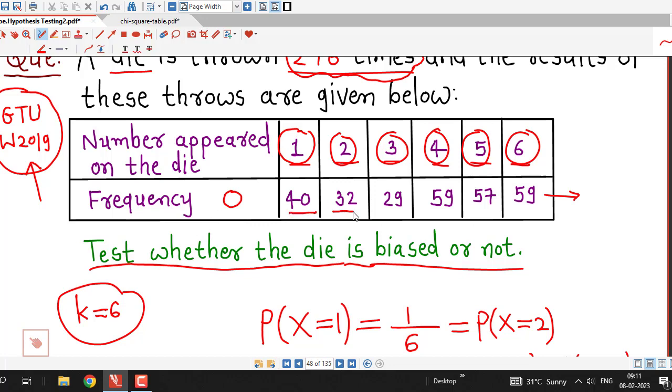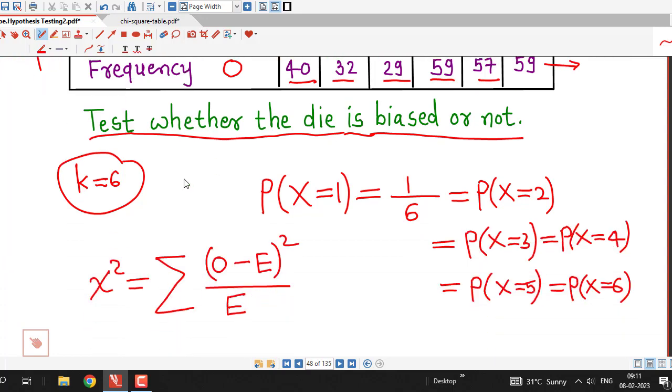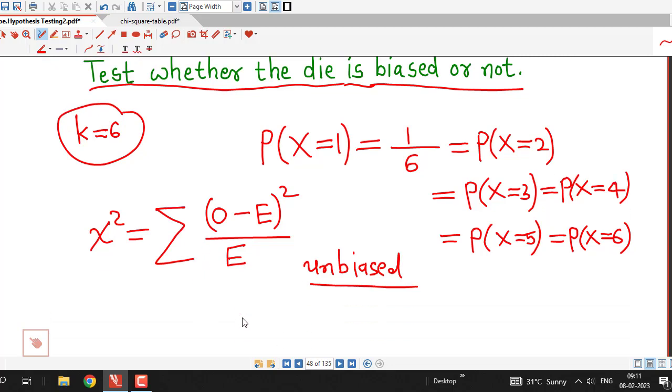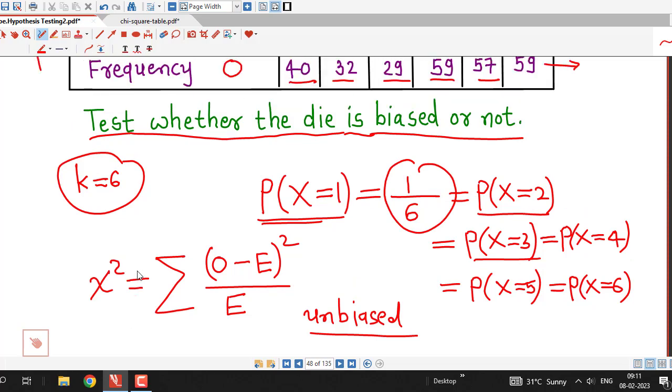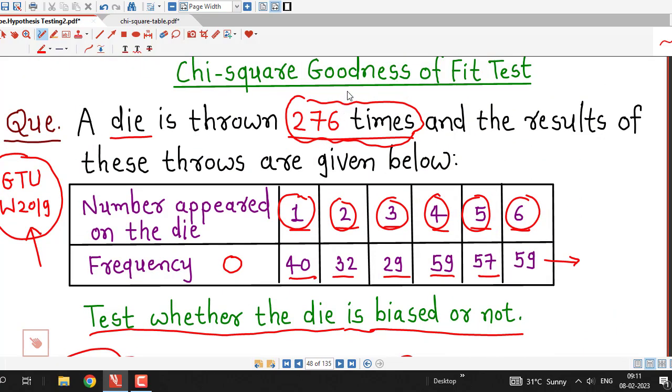And here they have given observed frequencies for each number on the dice, and if we assume that die is not biased or die is unbiased, and if that assumption is true, then theory says that the probability for each number to turn up must be same, and that is equal to 1 by 6. And there are total 276 throws in this sample.